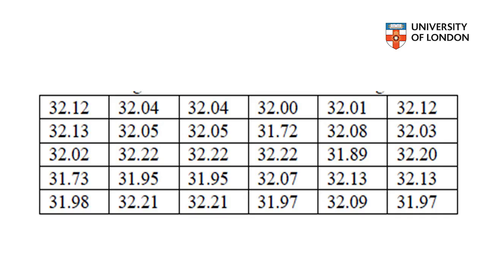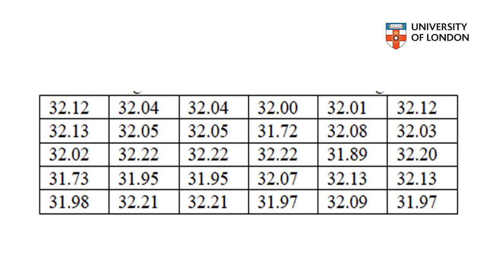So now we have to collect 30 observations because we would like to test our null hypothesis with 30 observations of cans. So let's suppose we randomly pick in this factory 30 cans and measure the content. In the following table you see the content of 30 cans. Some of them are above 32 centiliters and some of them are below 32 centiliters. We can use this data to first of all compute the mean of the sample.